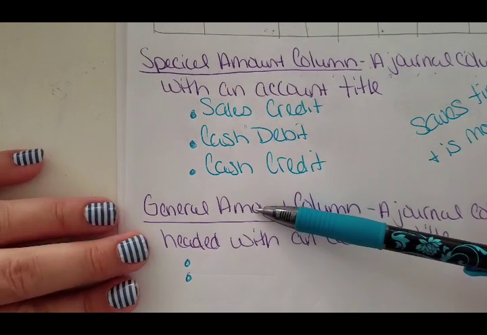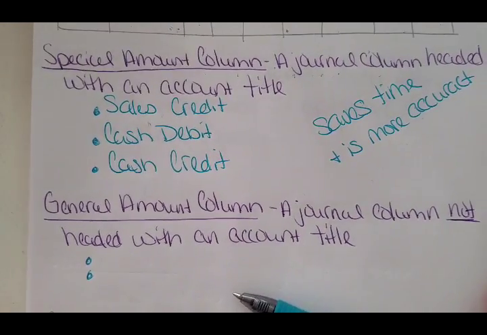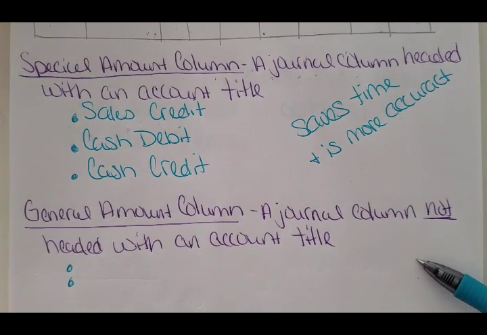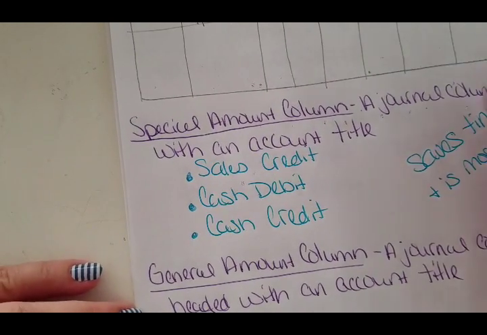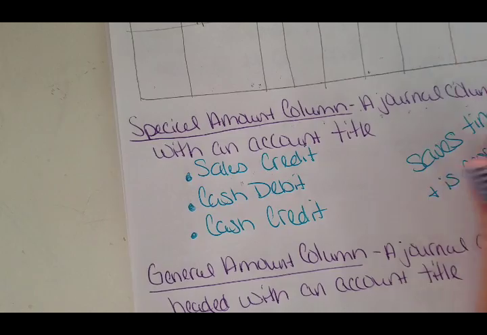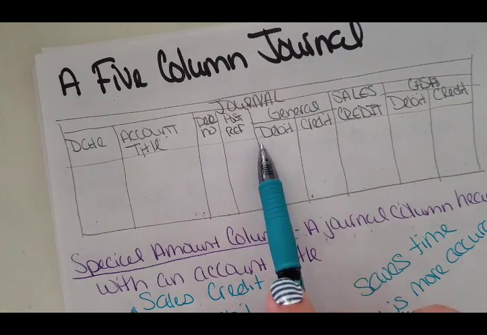So the other one is the general amount columns. These are the journal columns not headed with an account title. So we didn't put sales and we didn't put cash. So this is our general debit and credit.